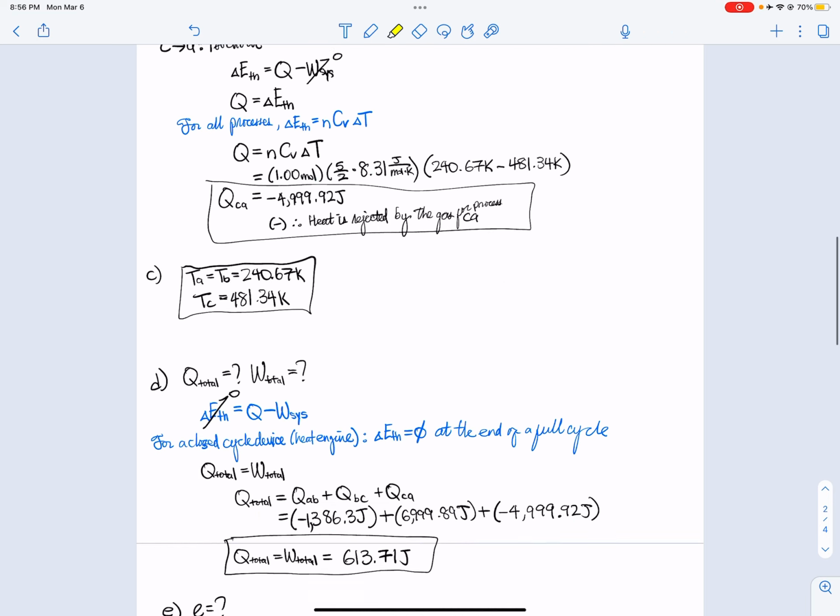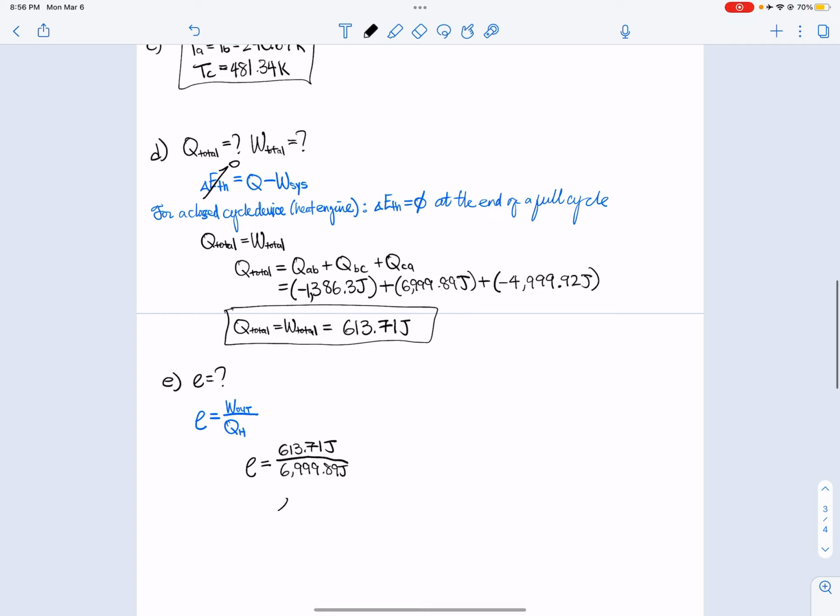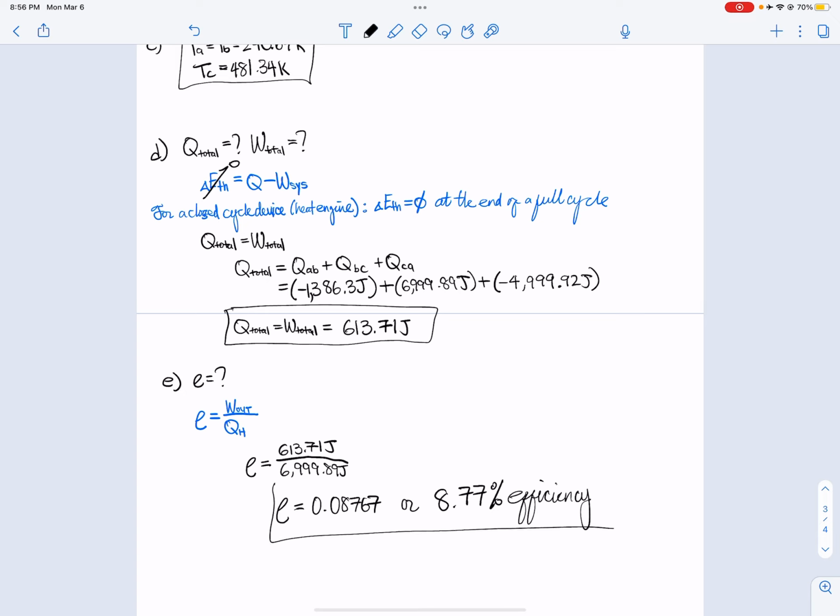All right, so then for QH, we would write down 6,999.89 joules. Okay, and I plug that in my calculator, I would find that the efficiency is equal to 0.08767 or 8.77% efficiency. All right, and that is the answer for part E.